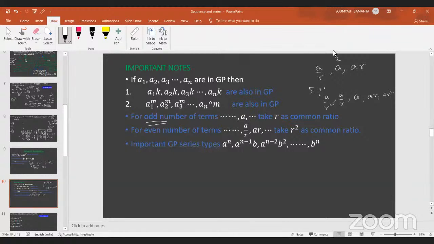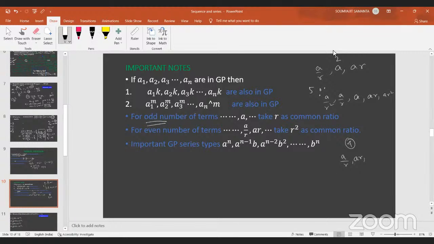So what about an even number of terms? For an even number of terms, we should select 2 middle terms. That is, to select 4 terms, select the second term as A by R and the third term as AR.